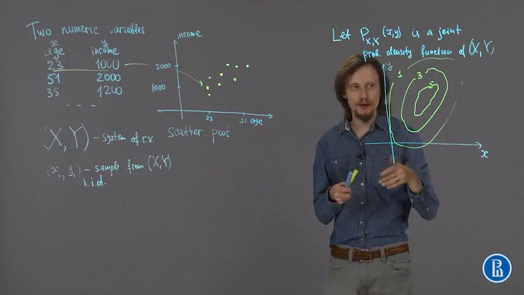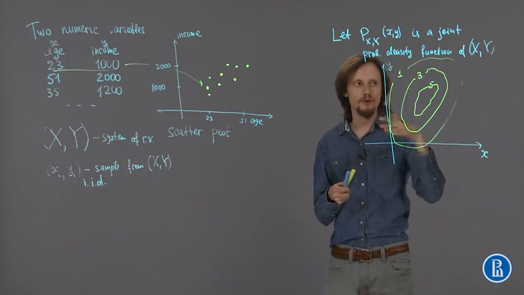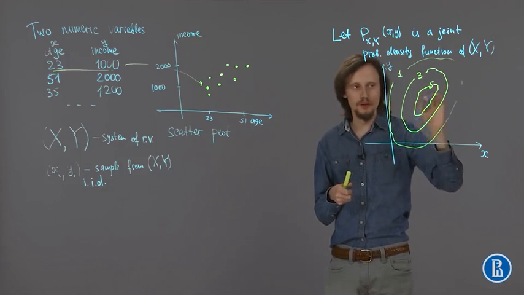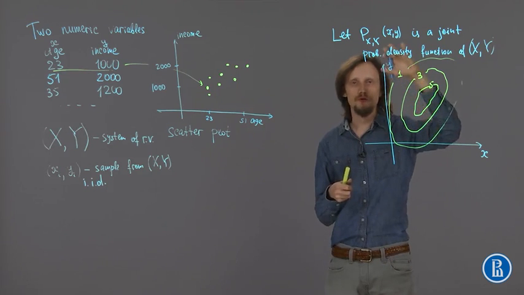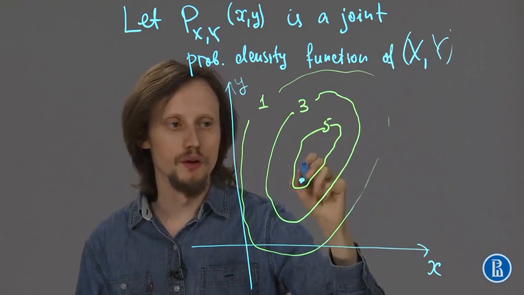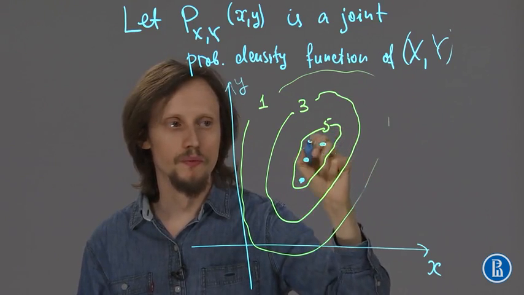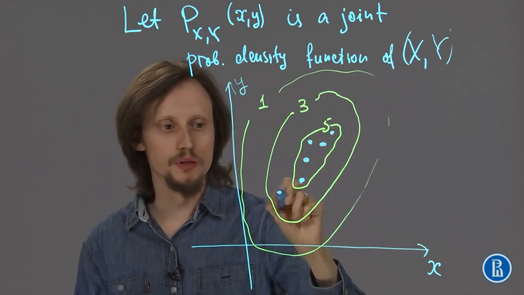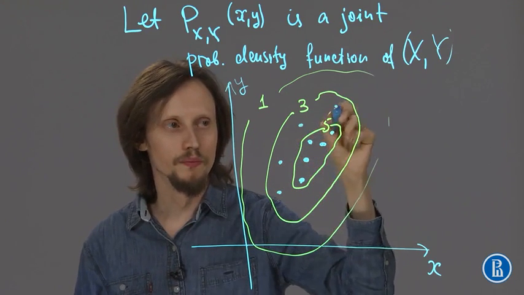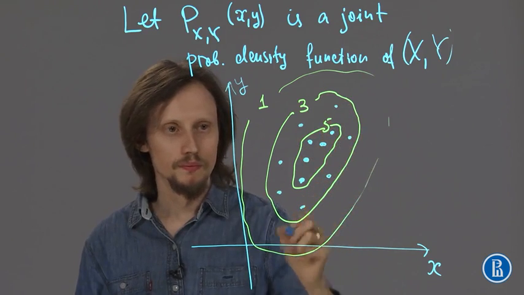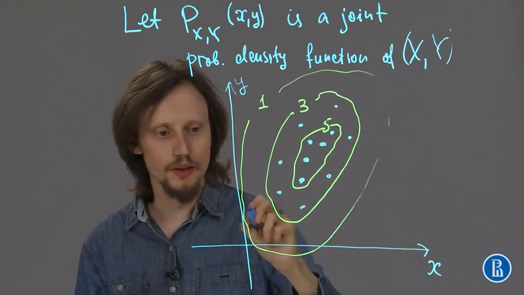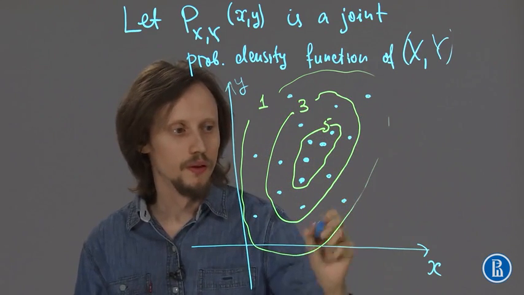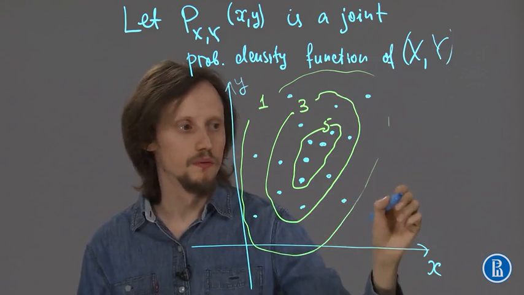Now, if I sample my data points from this random variable, we will get a lot of points in the regions where the value of this function is large. So we will get points here, and we will get a little bit fewer points here in this region, and even fewer points here, and practically no points here.